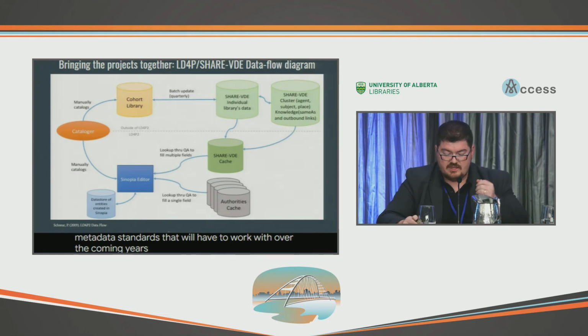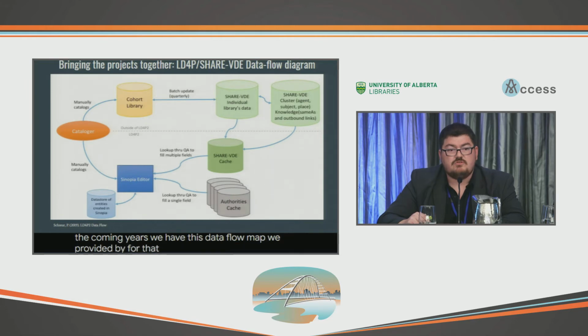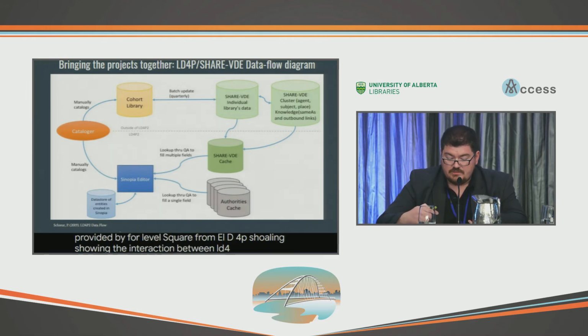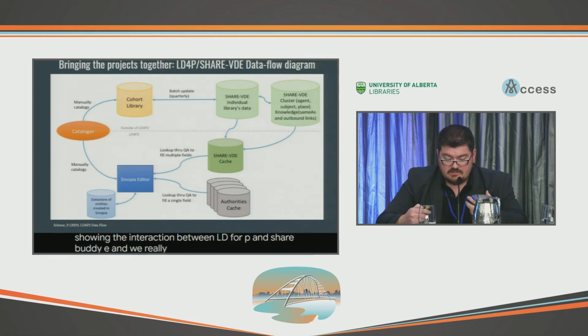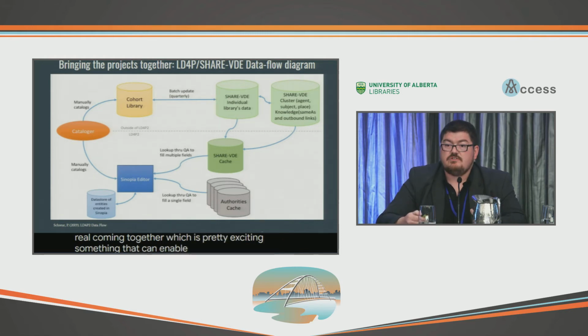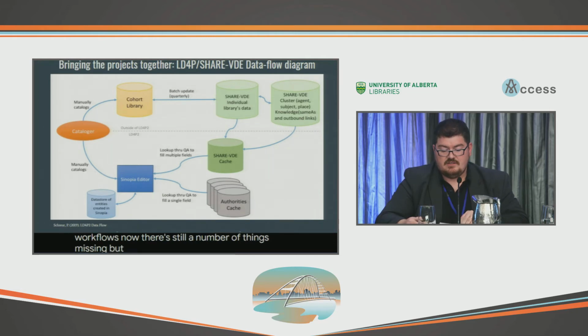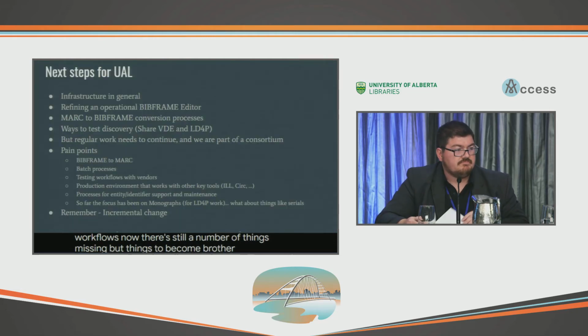And so to bring things together, we have this data flow map, kindly provided by Philip Schreur from LD4P, showing the interaction between LD4P and Share VDE. And we really start to see something very real coming together, something that can enable transitioning of workflows. I know there's still a number of things missing, but things are becoming rather exciting.